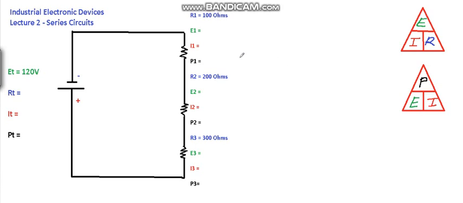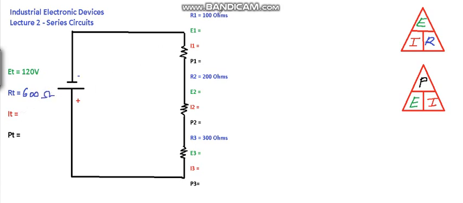Okay, to start this off, there are a couple ways to do this. We can start by finding the total current in this circuit. The total resistance in a series circuit is simply the sum of the individual resistors. So we've got 300, 200, 100, so 600 ohms of resistance in this circuit.